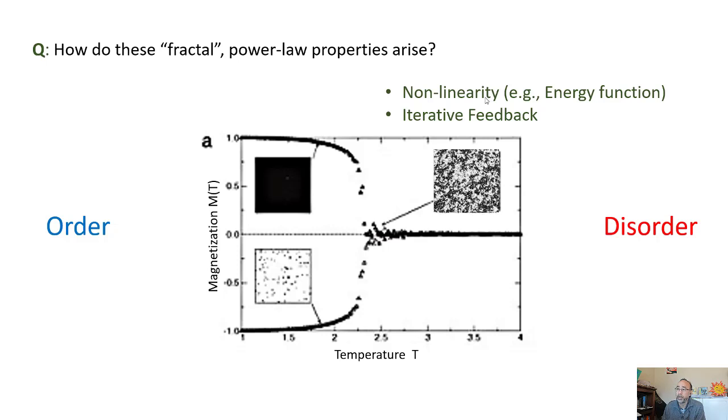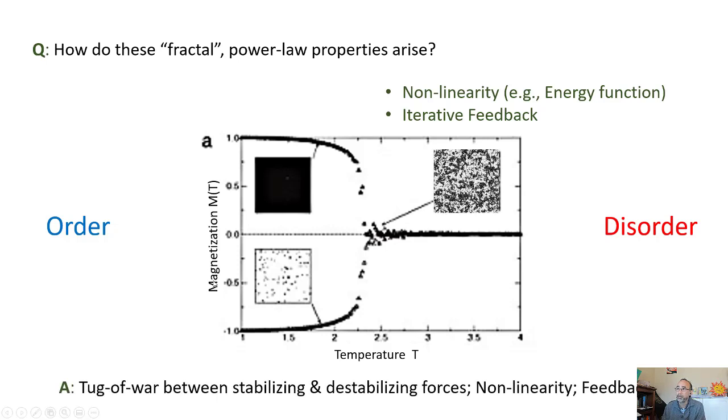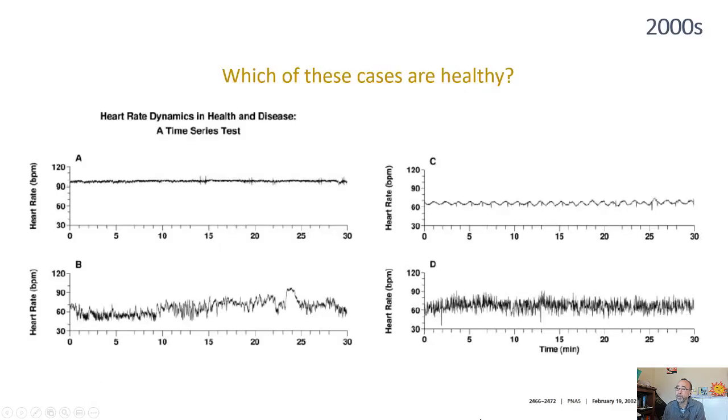There needs to be some kind of nonlinearity in these fractal systems, and particularly for this Ising model, it probably is found in the energy function itself. The other thing is iterative feedback, where, for instance, one spin affects another spin, and then that spin can affect the other spin back again. So you have these iterative feedbacks, which can be positive or negative. So fractals and power law properties probably arise from a tug of war between stabilizing and destabilizing forces, nonlinearity, and feedback. So knowing this, which of these cases are healthy?